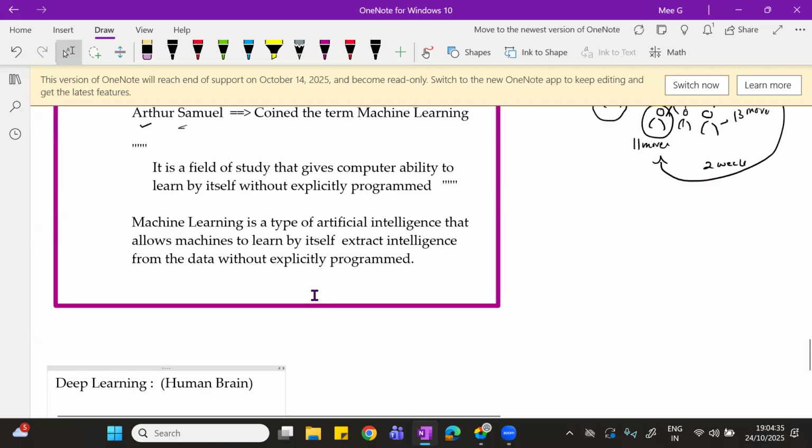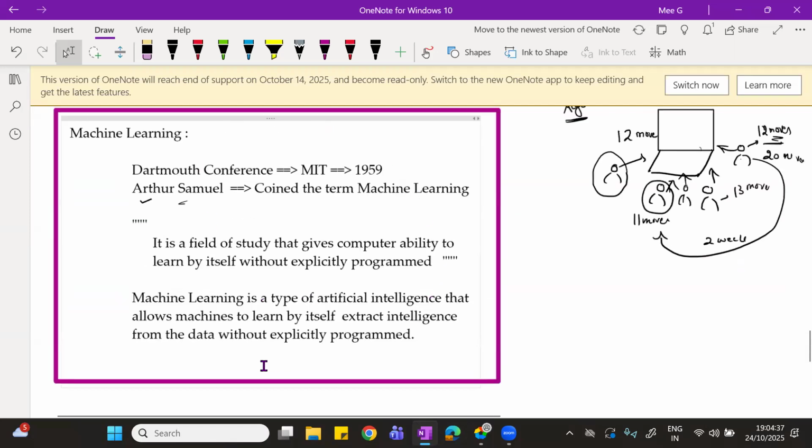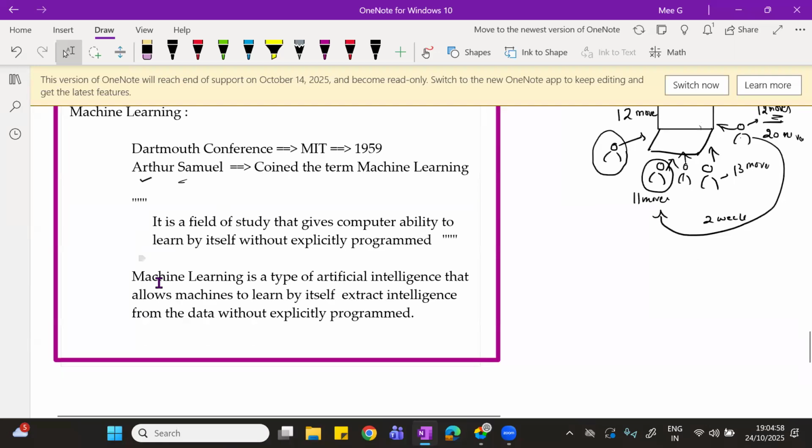See, as I told you, there were problems with machine learning. First, it can't deal with high dimensional data. Second, we have to do all the pre-processing stuff. Third, when there is a large volume of data, you can't deal with it using machine learning. For that, they came up with deep learning.